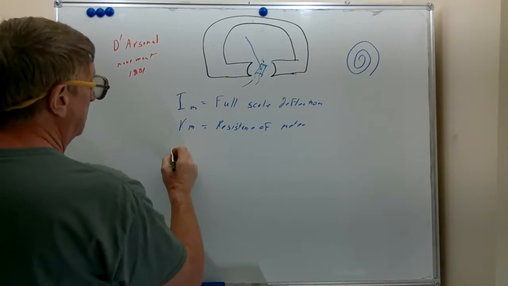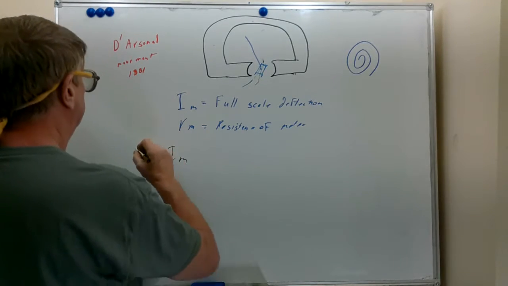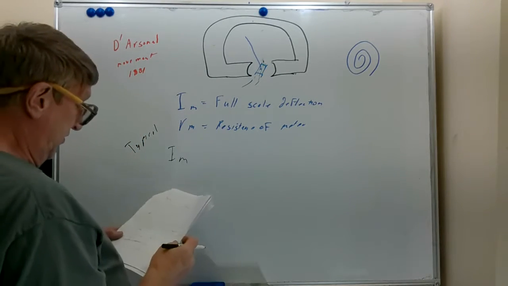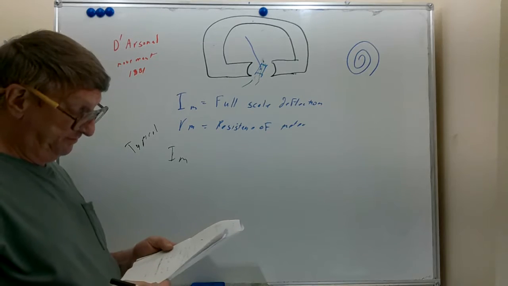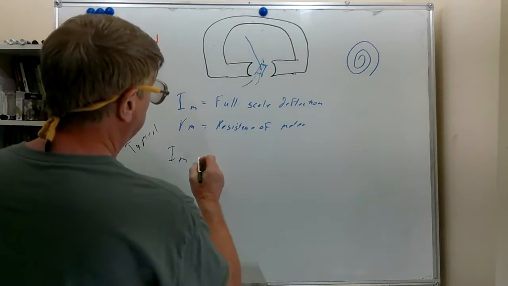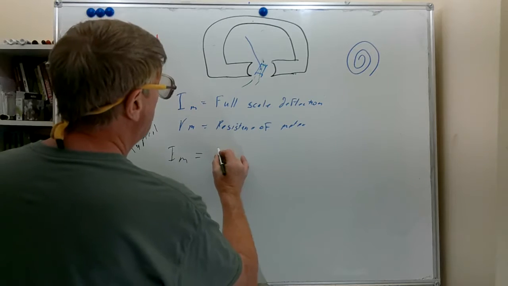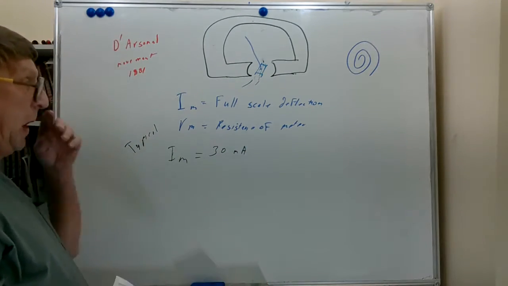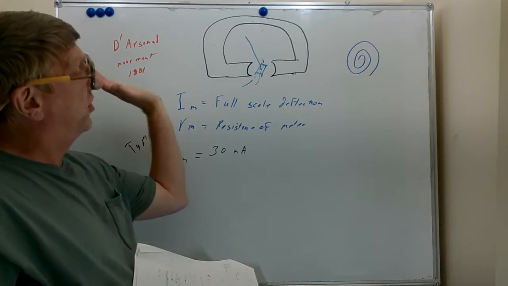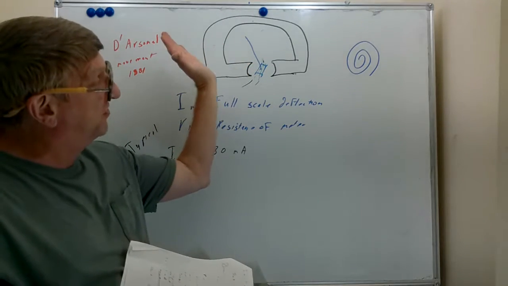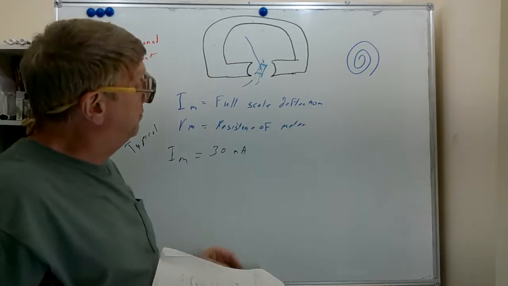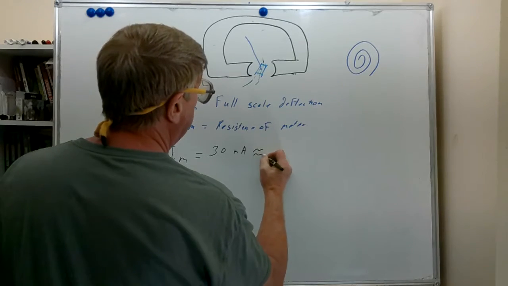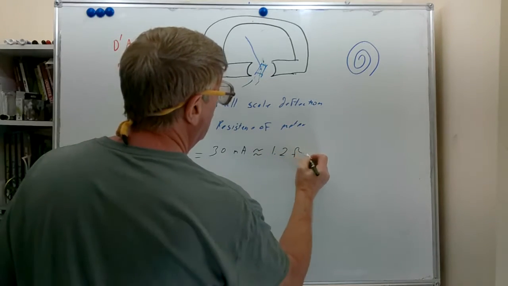So we're going to talk about typical IM. If you've got a 30 milliamp meter movement, so it would be a meter that took 30 milliamps through this little coil inside of it to push it all the way over to the full deflection, RM is probably 1.2 ohms or less.